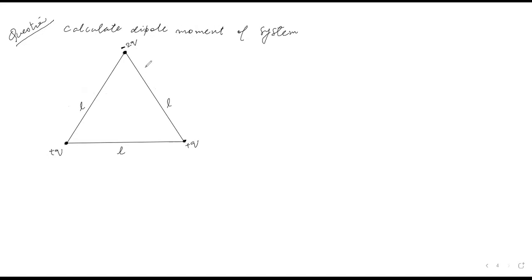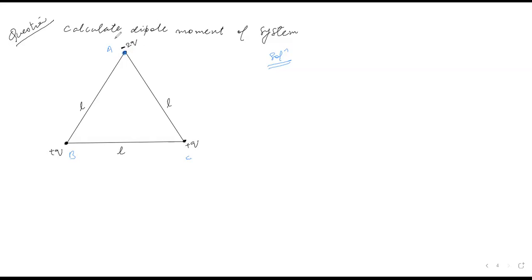Now, let's try to understand how we can solve it. You can see the vertices. You can take them as A, B, and C. At the vertex A, the magnitude of charge is minus 2Q.